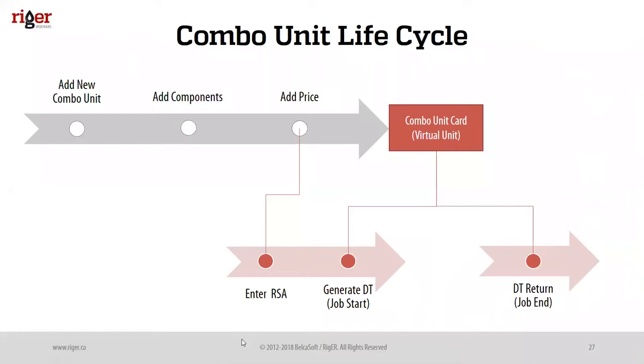However, when we generate a rental service agreement and move all the items to the field, it will be a virtual unit in the field, but we will still see and track all the components. And when we return this combo unit back to our shop or yard, it will automatically disassemble, and all those components will be available.